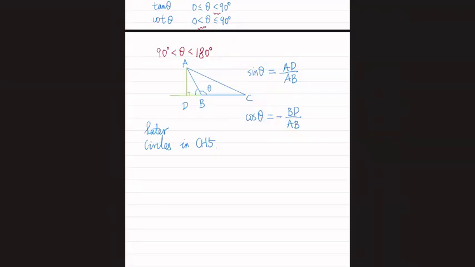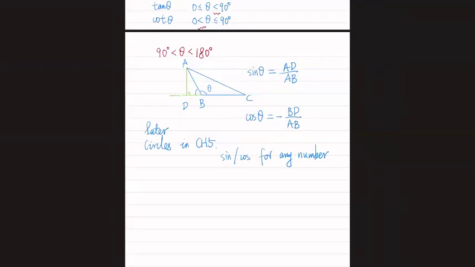Then we will define sine and cosine for any number. Over there, it will be more transparent and easier to understand why this is negative.